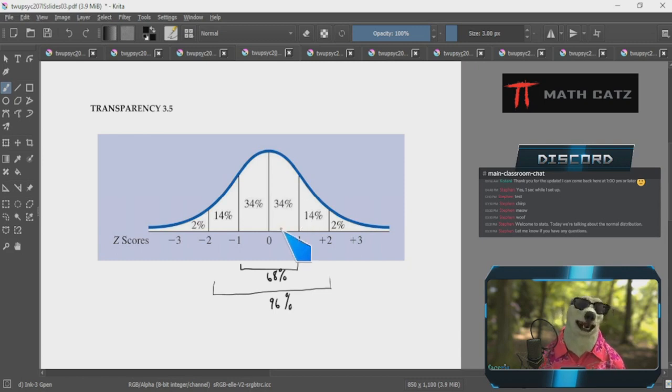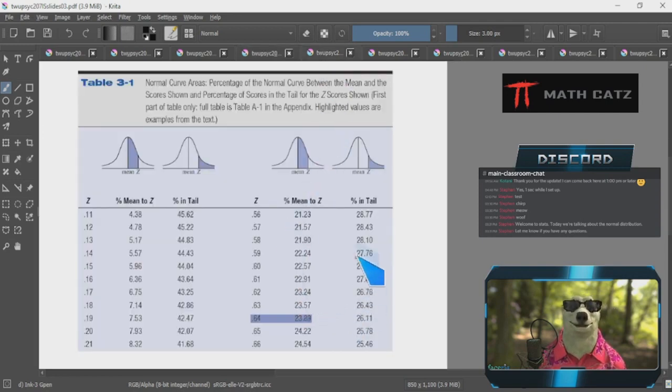If I randomly select one of these data values, what is the probability that I'll fall between the mean and one standard deviation step above the mean? Well, 34% of the time that'll happen. Probability is 34%, and some decimals, but you get the idea. So whether I think of it as a proportion of the group or as a probability, these tables answer those questions.